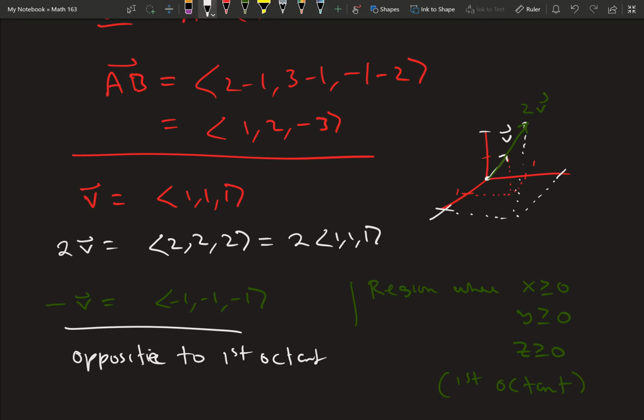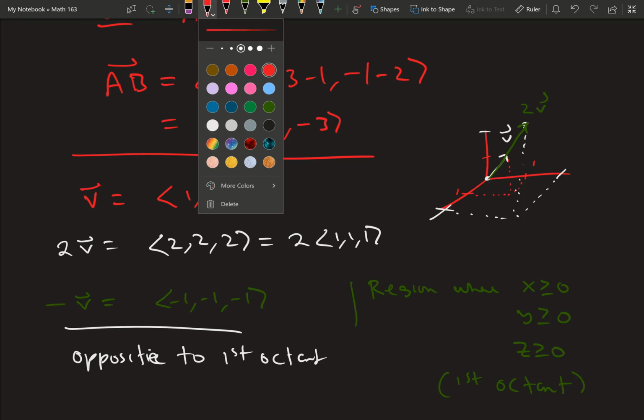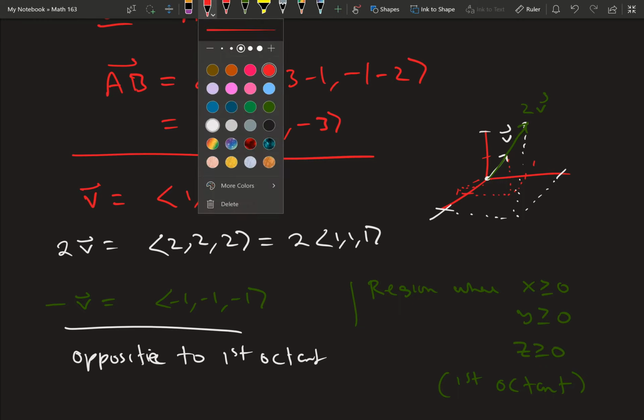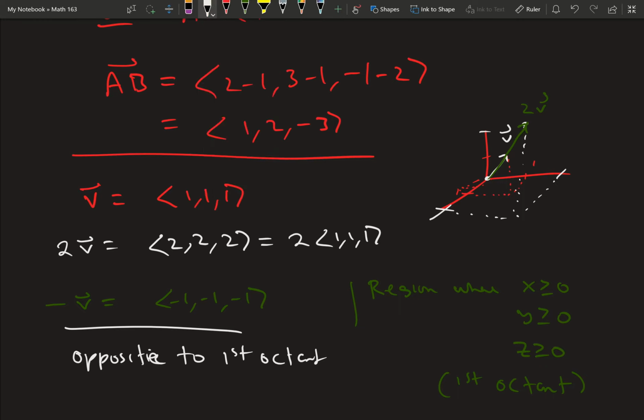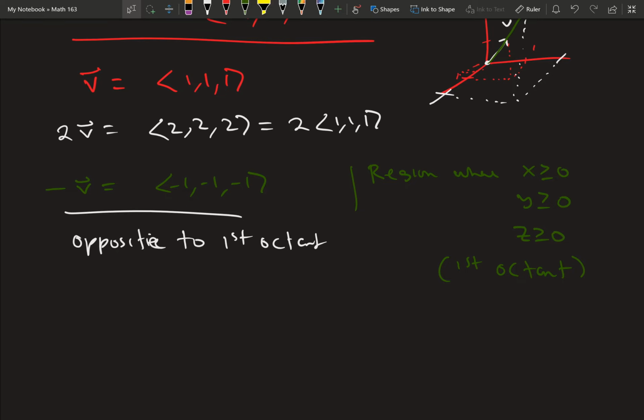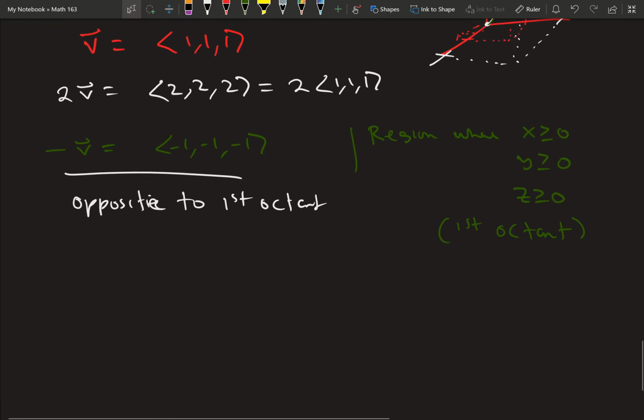I'm not going to be able to draw this very well, guys, but you'd have to go sort of diagonally back somehow to get to that region. So just something to keep in mind: scalar multiplication can change the direction of the vector.